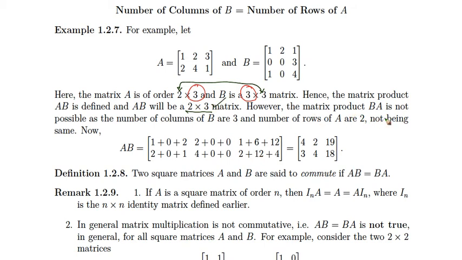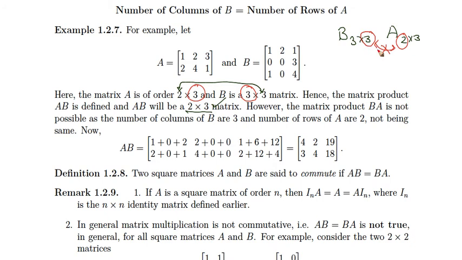However, the product BA is not possible. Why? Because B is a 3 cross 3 matrix and A is a 2 cross 3 matrix. The number of columns of B is 3, the number of rows of A is 2, and this does not match.